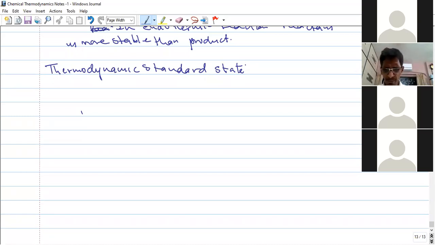The standard state of a substance is the form in which the substance is most stable. That means the standard state of the substance is the form in which the substance is most stable.